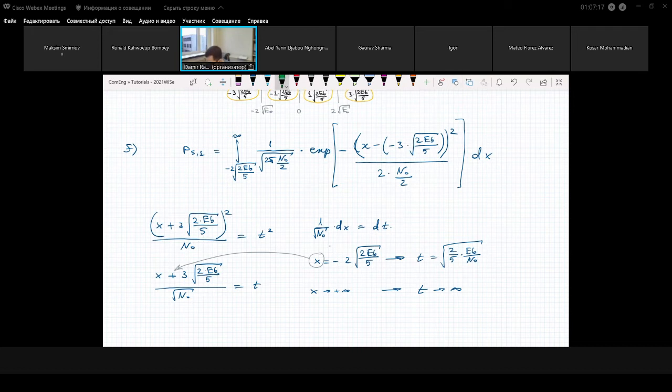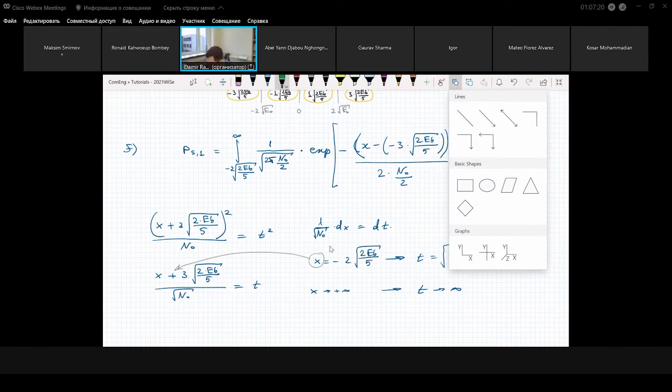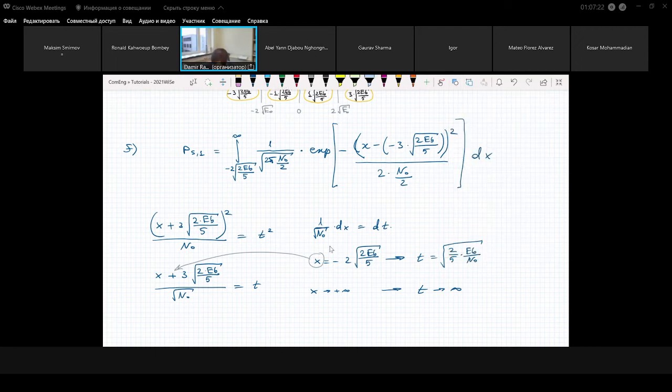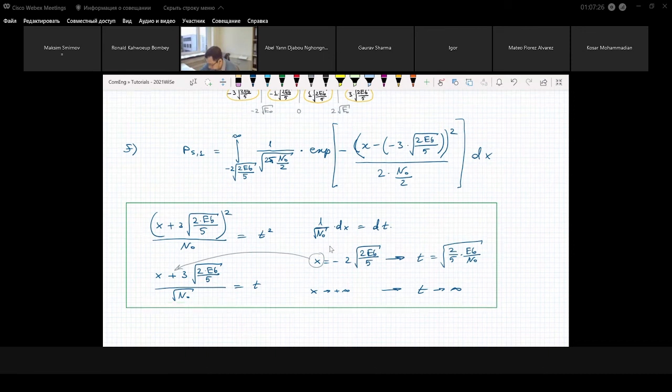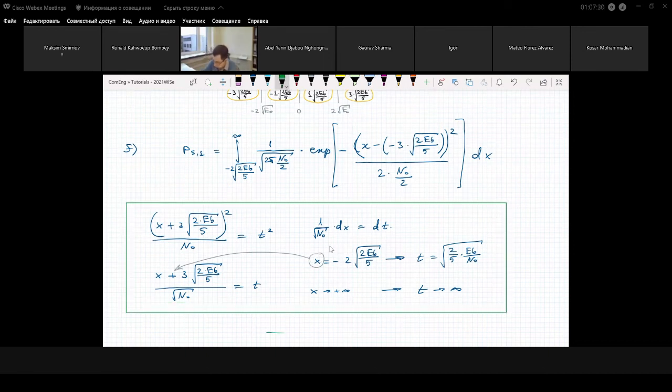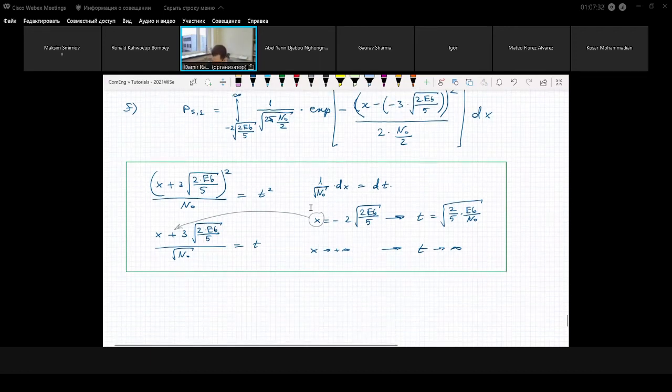Okay, now we can just put it in a box. This is how we substitute the variable. And now we need to rewrite our integral.